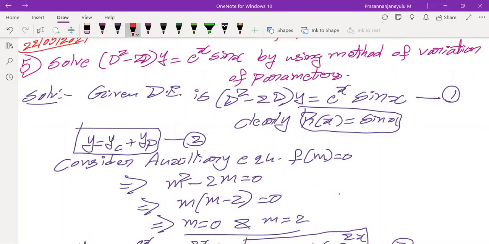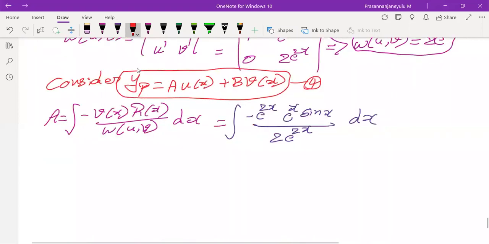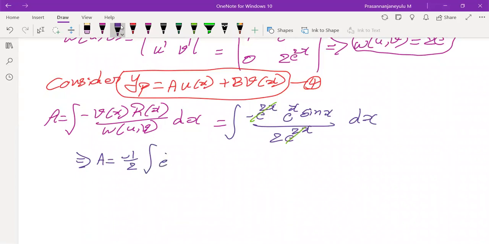Clearly r of x is e power x into sin x, the r of x value from equation number 1. If we do the simplification, e power 2x gets cancelled in numerator and denominator. Then minus 1 by 2 we can bring outside of the integration. That implies A equals minus 1 by 2 into integration of e power x into sin x into dx.